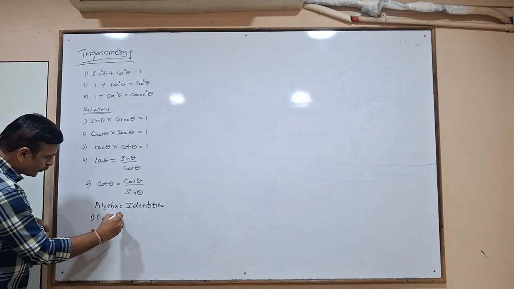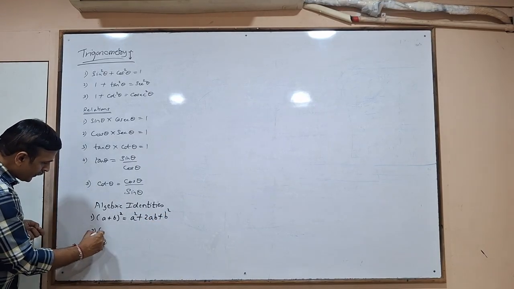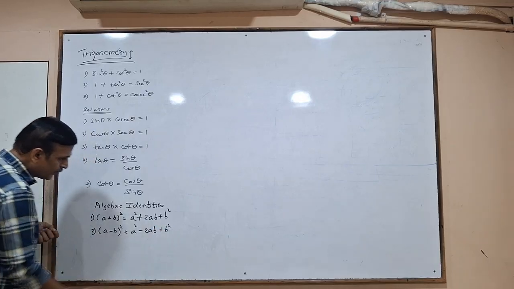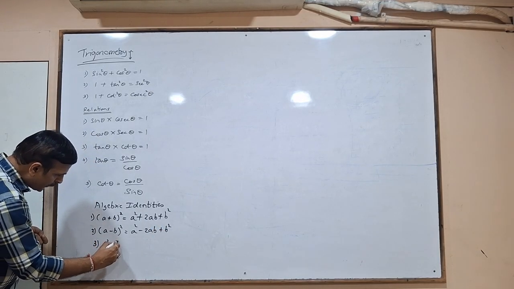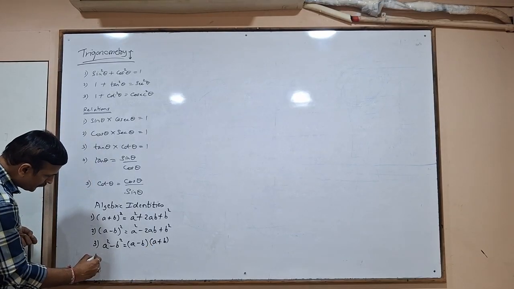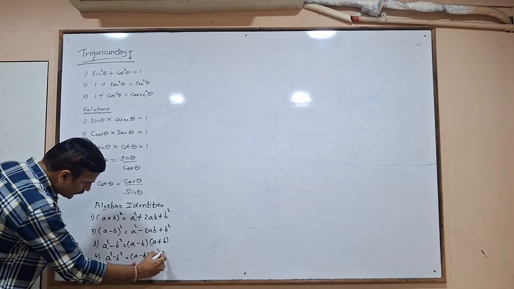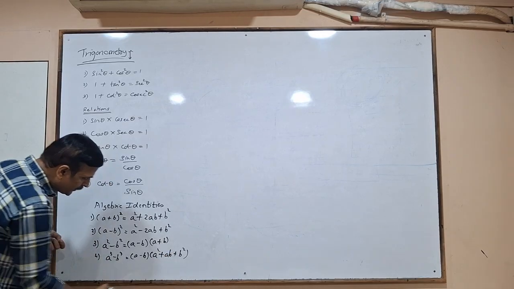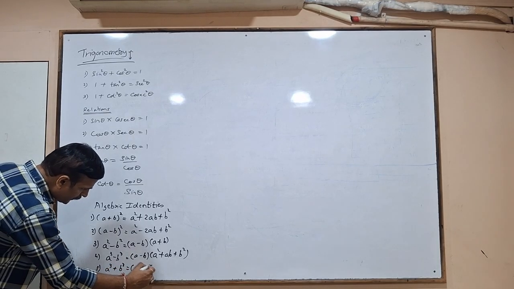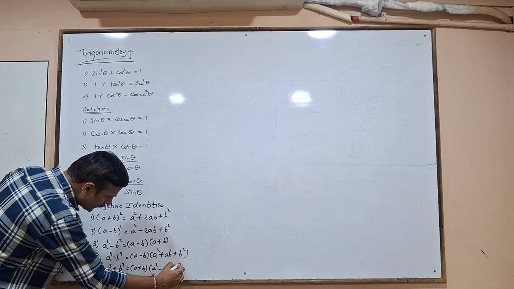a plus b the whole square is a square plus 2ab plus b square. a minus b the whole square is a square minus 2ab plus b square. a square minus b square is a minus b into a plus b. a cube minus b cube is a minus b into a square plus ab plus b square, and a cube plus b cube is a plus b into a square minus ab plus b square.